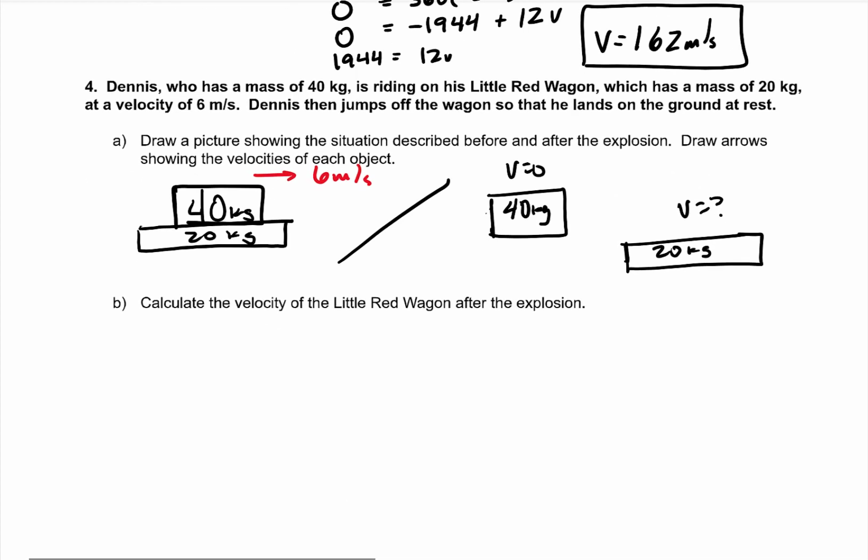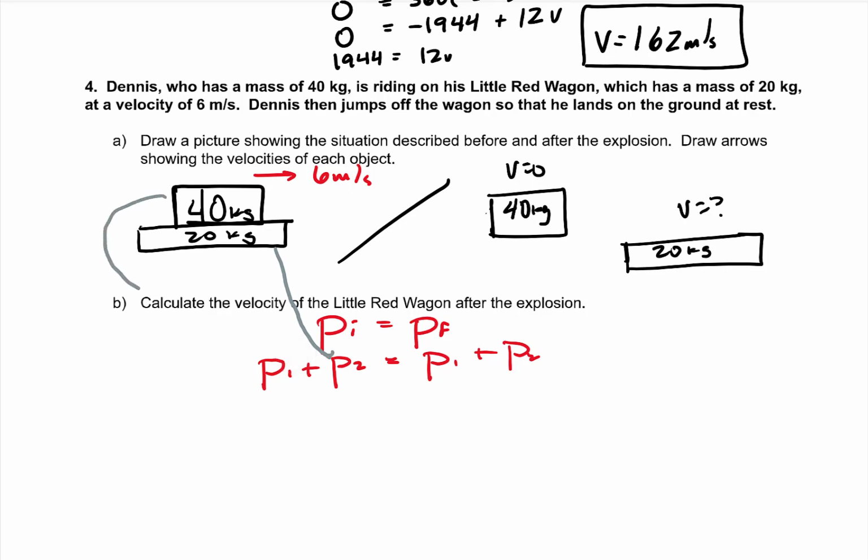So for this, we're going to use conservation of momentum and say that the initial momentum is equal to the final momentum. The initial momentum is the momentum of 1 plus the momentum of 2. The final momentum is the momentum of 1 plus the momentum of 2 afterwards. So we'll say object 2 is the 20 kilogram mass, object 1 is the 40 kilogram mass. To get an individual momentum, we do mass times velocity.